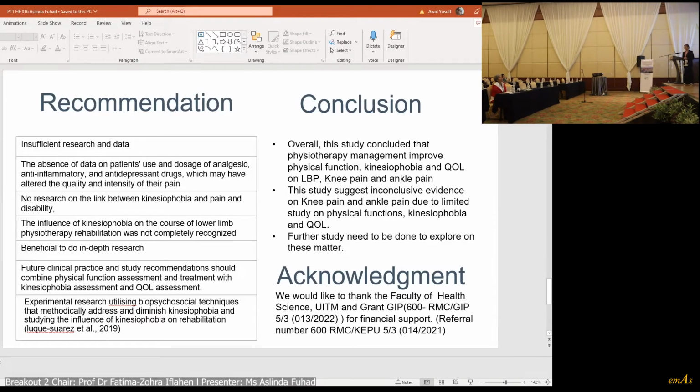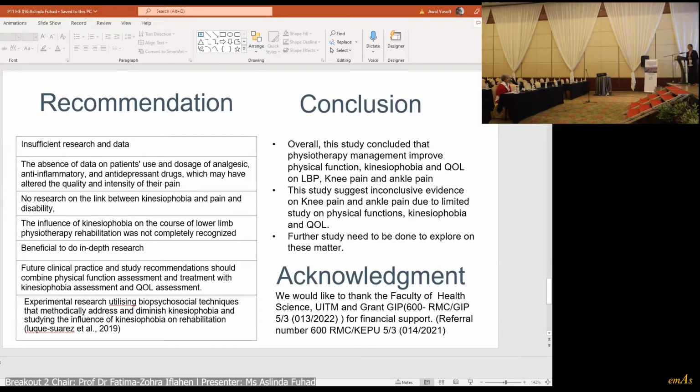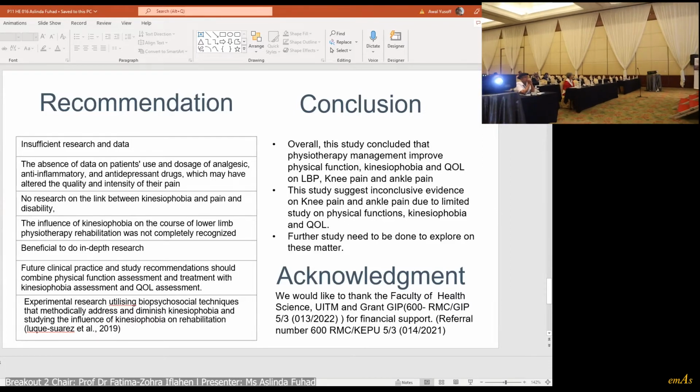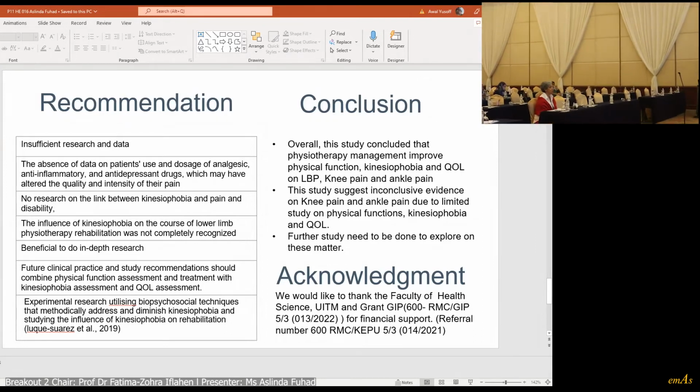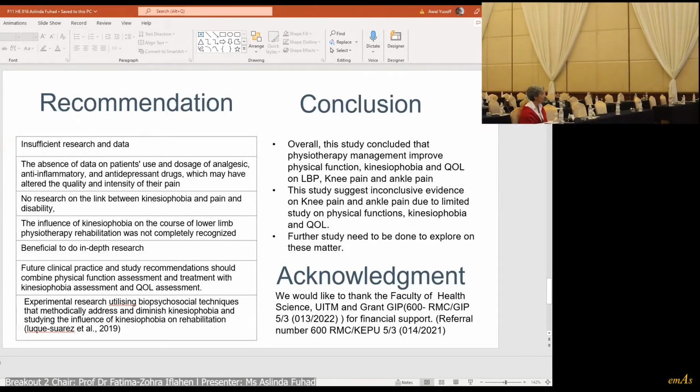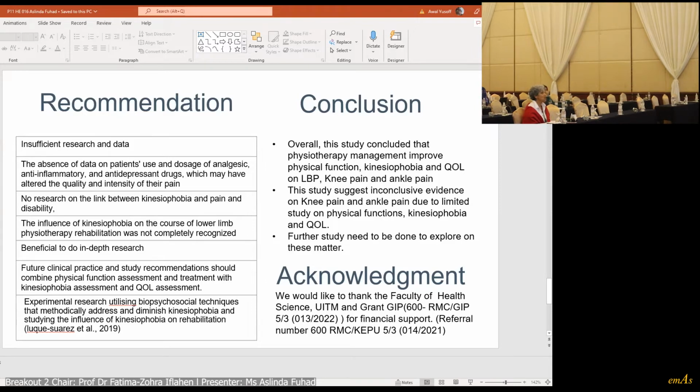I would be interested. Anyway, you said that further study needs to explore a certain number of things. It would be interesting to go further into exploring the cycle, as you said, the physical, psychological, lifestyle, social, etc. Yeah.